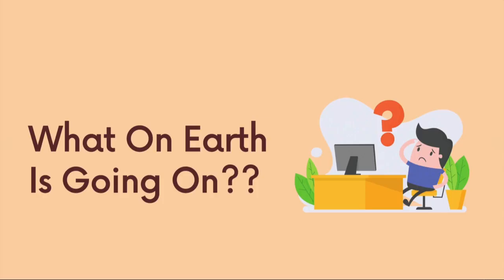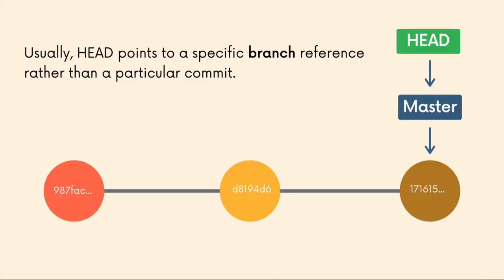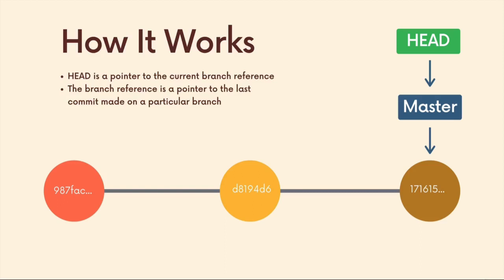So what is this detached head? Well, as we've learned earlier, but I'm just going to review, normally HEAD points to a particular branch reference. Are you on master? Are you on bug fix or new feature, whatever branch you're on? HEAD points to the branch reference. And then the branch reference itself points to the tip of a branch, the most recent commit on a branch.